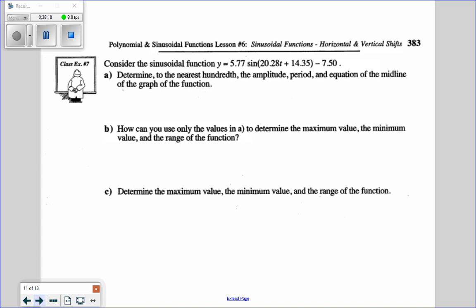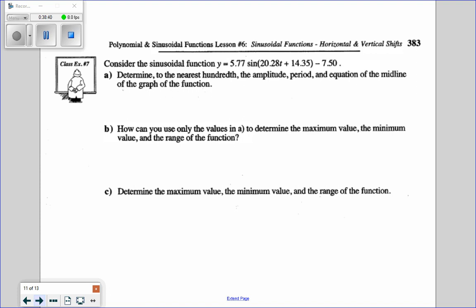Okay. So what if we have something with decimals? Don't freak out. So this is at the top of page 383. It says consider the sinusoidal function, blah. And again, for some reason, a lot of kids saw those decimals and they went, "Oh, no." It doesn't matter.